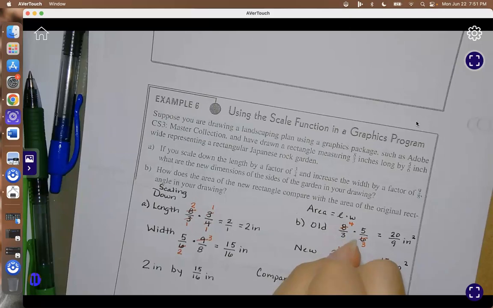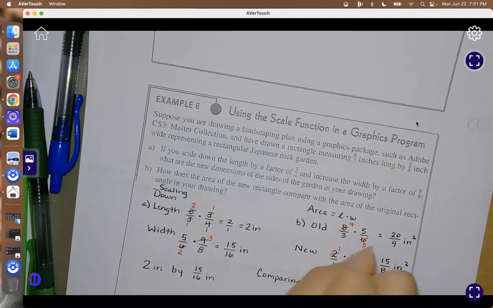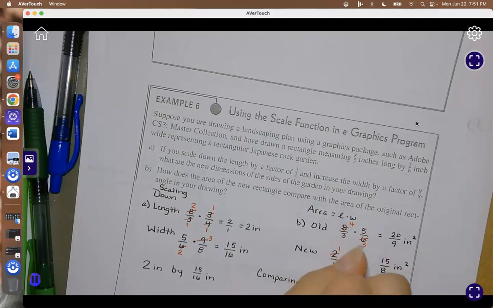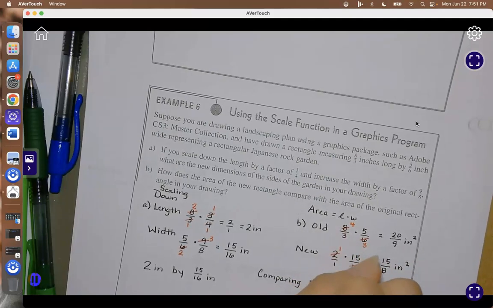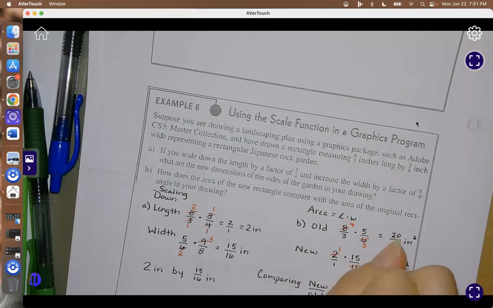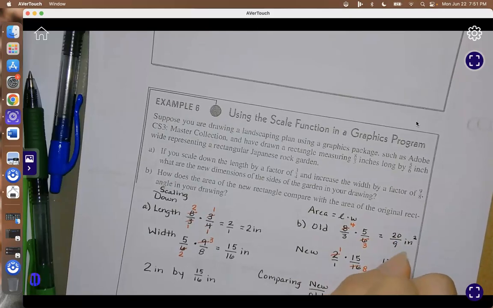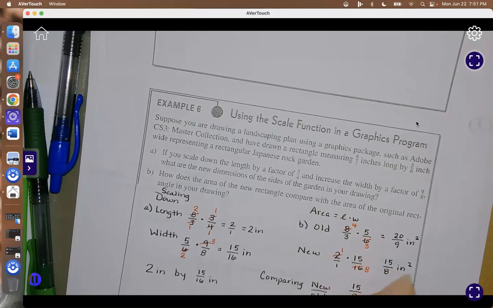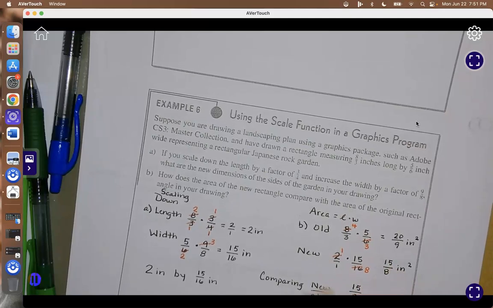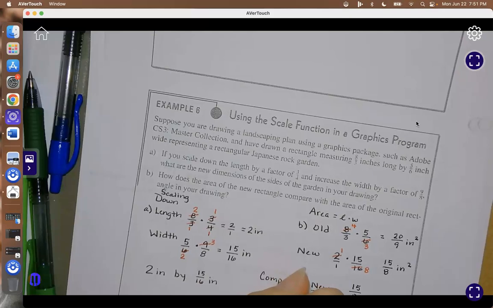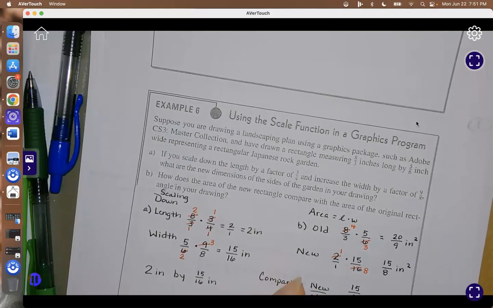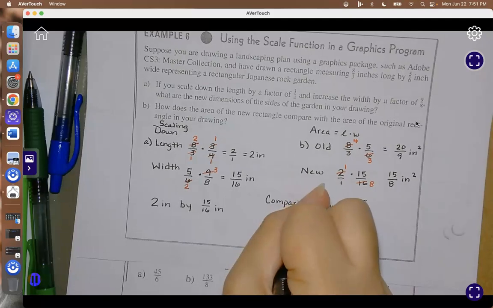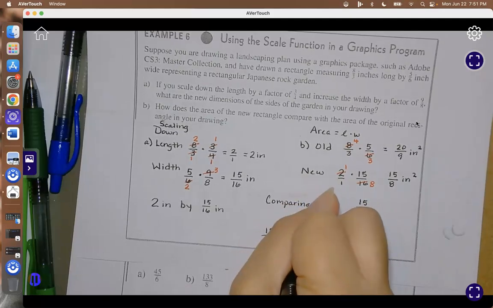And when you're comparing, you do new, because it says how does the new compare with the old. So we're going to do new 15/8 divided by 20/9. Remember, this is keep, change, flip. So we're using all of our facts here. So this is going to be 15/8 times 9/20.